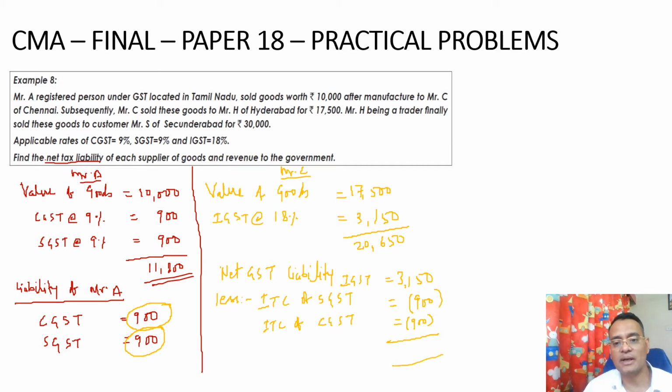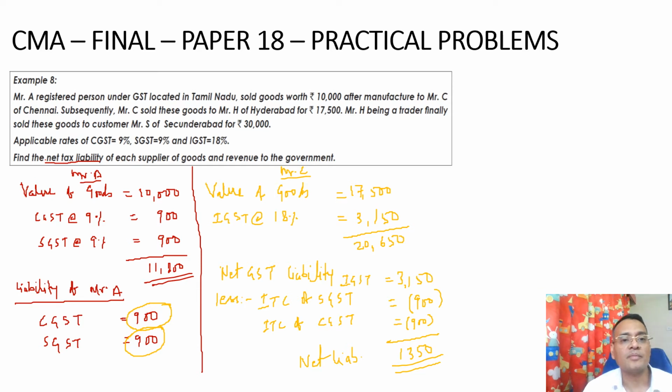So the net liability 3150 minus 1800 is 1350. That much Mr. C needs to pay as net liability.